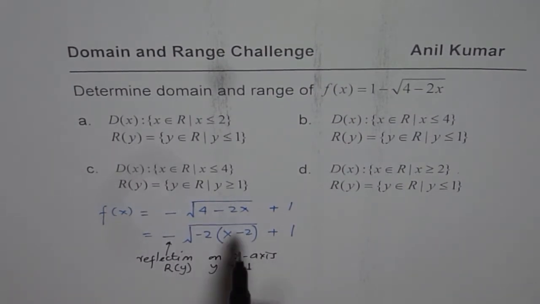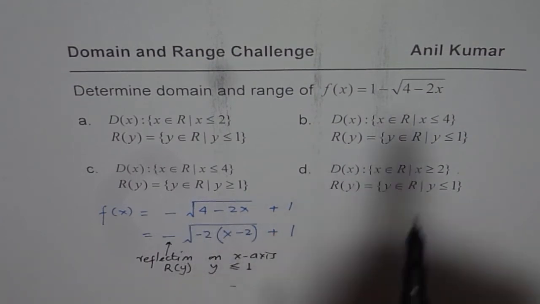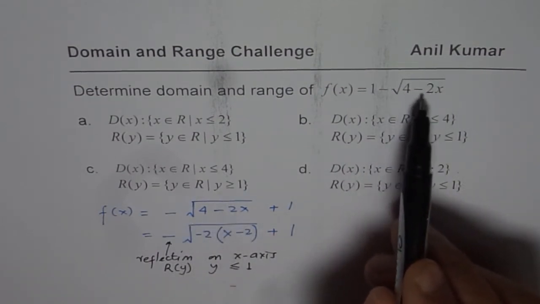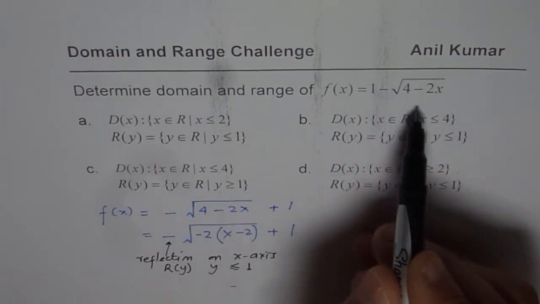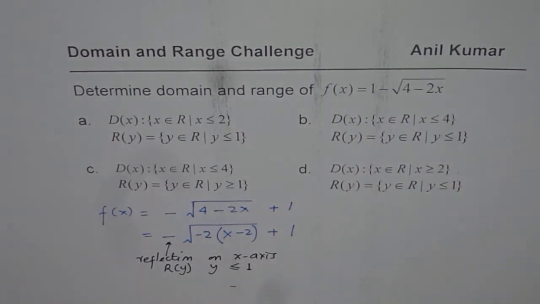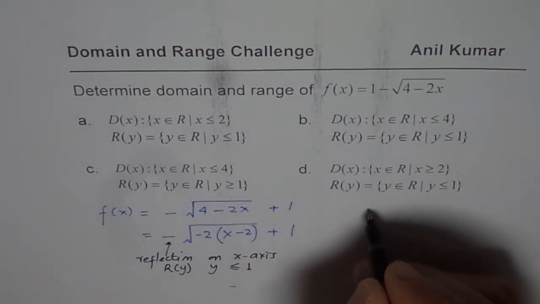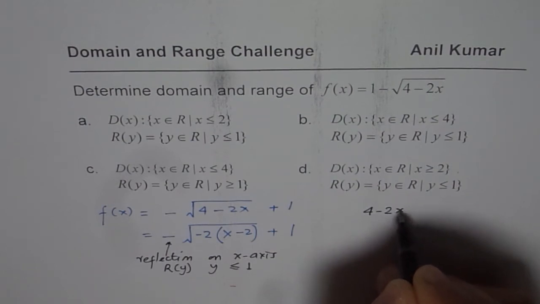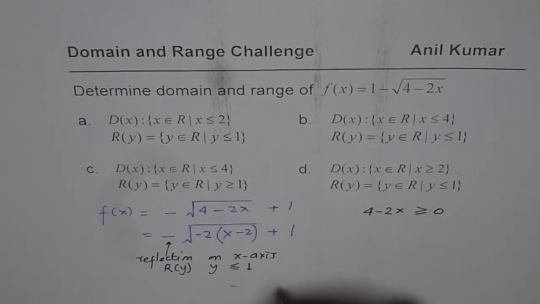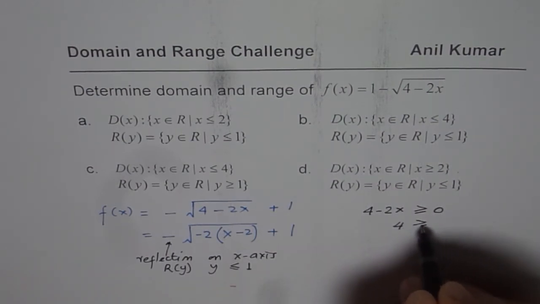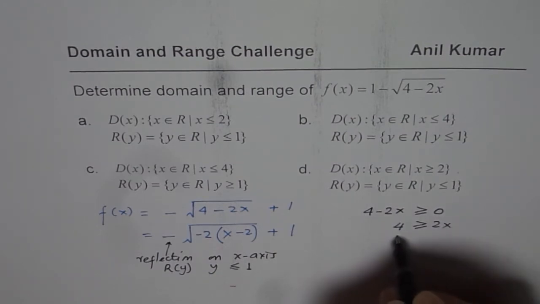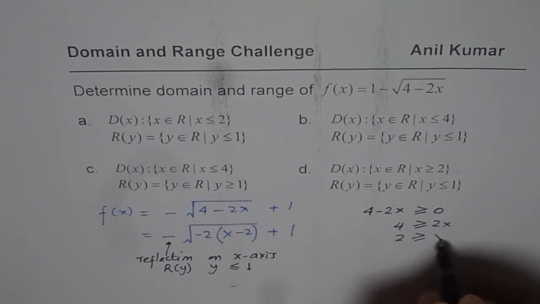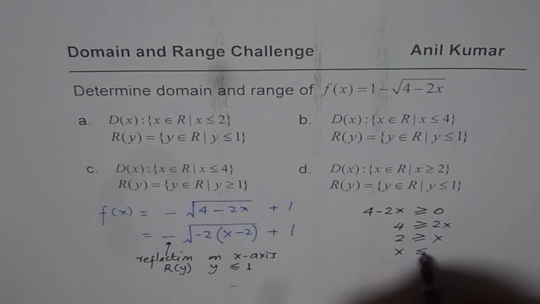Okay. Now let's look into the domain. For domain, we could have started from the same function itself. Within the square root, we should always have a non-negative number. That is to say, 4 - 2x should be ≥ 0. Now let's solve. 4 ≥ 2x. Dividing by 2, we get 2 ≥ x, or you can say x ≤ 2, right?